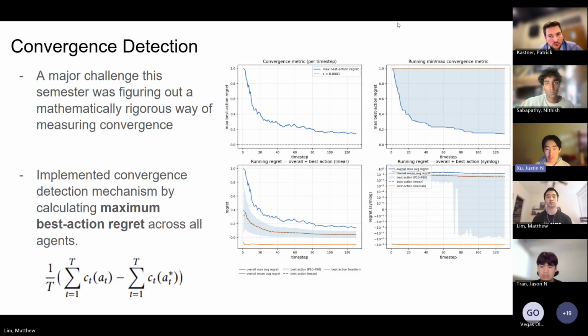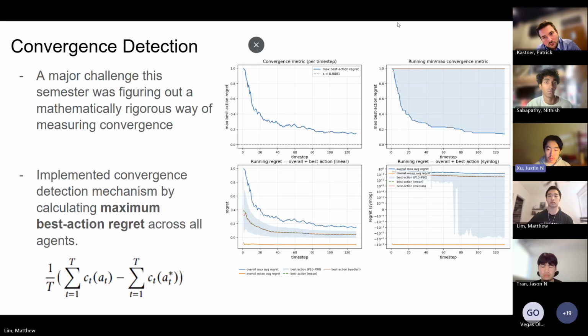And so what we came up with was to use what's called maximum best action regret, which essentially just means taking the actions that the agents actually took and comparing them to the best actions in hindsight. Ideally, this value would decrease over time as our agents get better and better at learning which tracts are more optimal for the cost function.